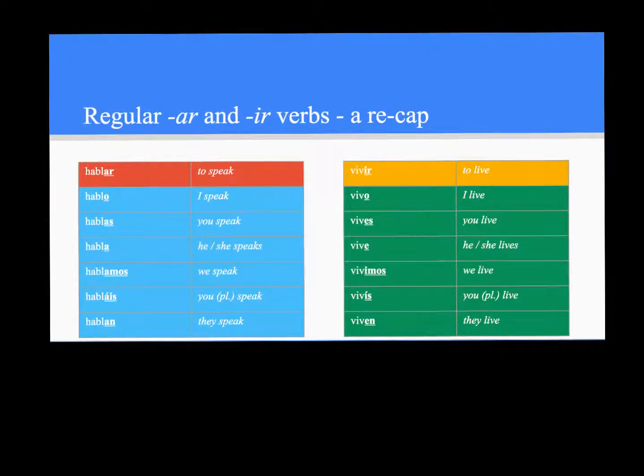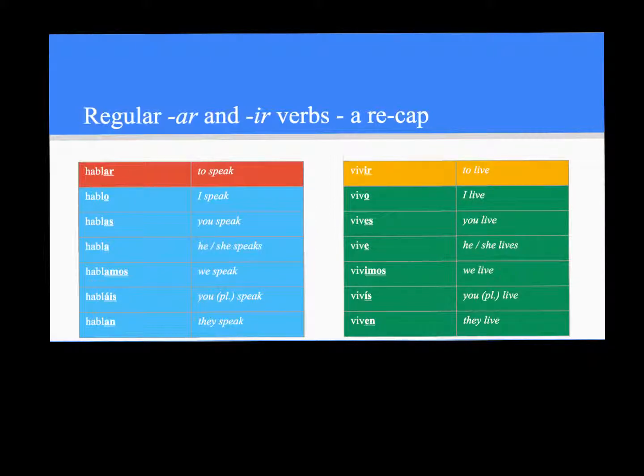Before we meet our regular ER verb, aprender, we're just going to have a quick recap of the first two kinds of regular verb we met in Spanish. We met, as a first conjugation, regular AR verbs such as hablar. And you probably remember that the endings for those verbs are, as we can see on the left here, hablo, hablas, habla, hablamos, habláis, hablan.